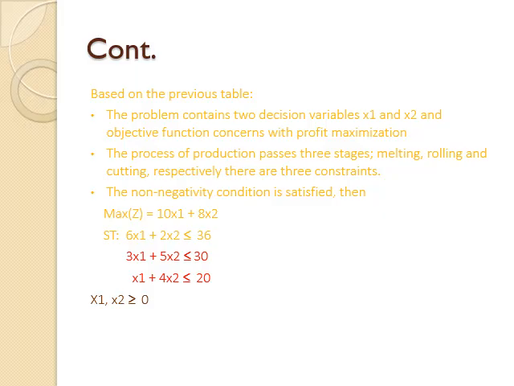This is about the process of melting. So, the quantity of x1 and quantity of x2 should cost me less than 36 hours in the first stage.